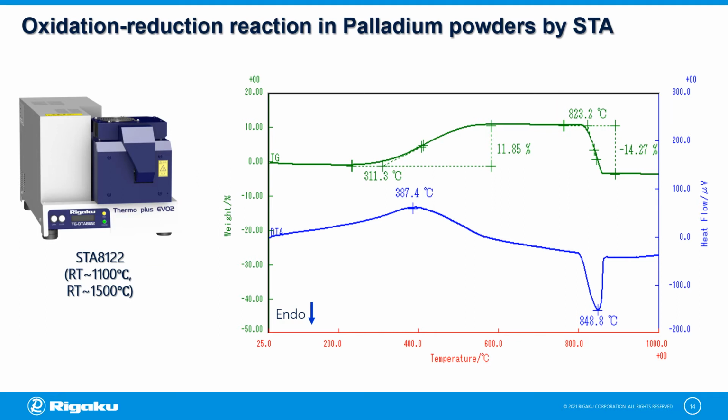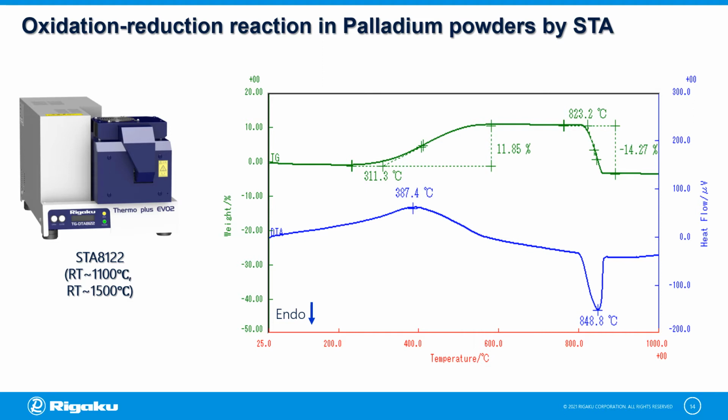This is an STA measurement of palladium powder measured in air atmosphere from room temperature up to 1000 degrees centigrade. Near 390 degrees centigrade, we can observe a mass increase of 11.9% associated with exothermic reaction due to oxidation.